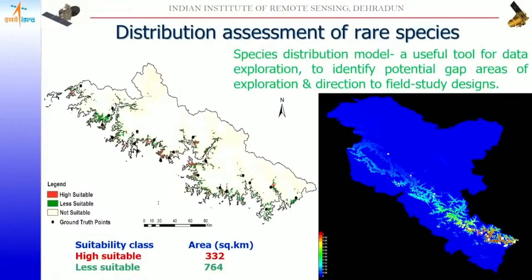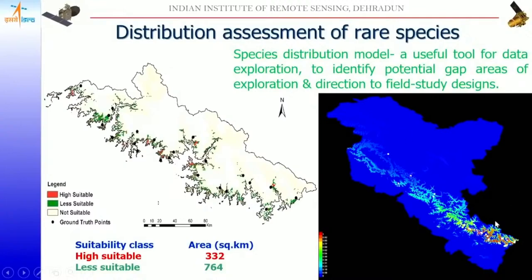We can see at a regional or larger landscape level the suitability of habitat for a particular species, and this red area denotes the highly suitable area, and the blue or light blue color depicts the less suitable area.